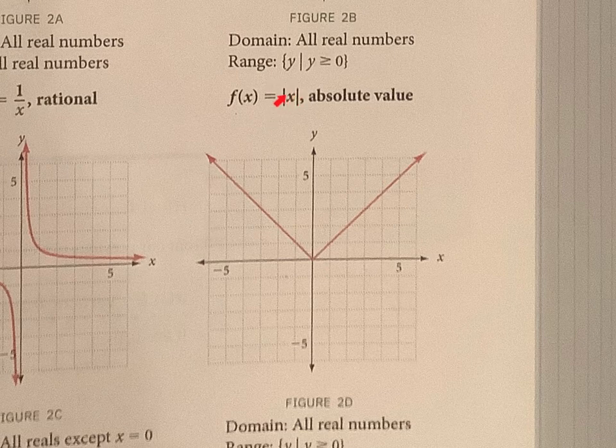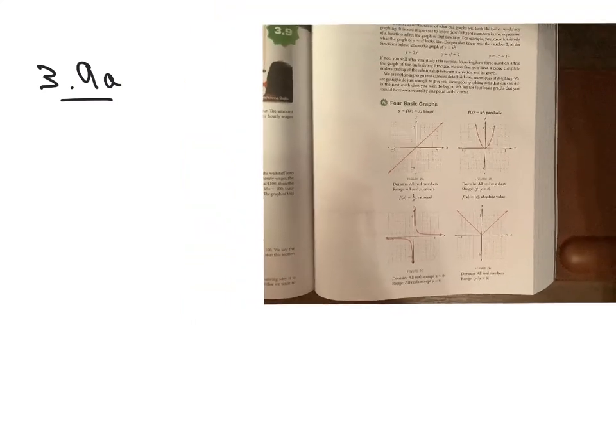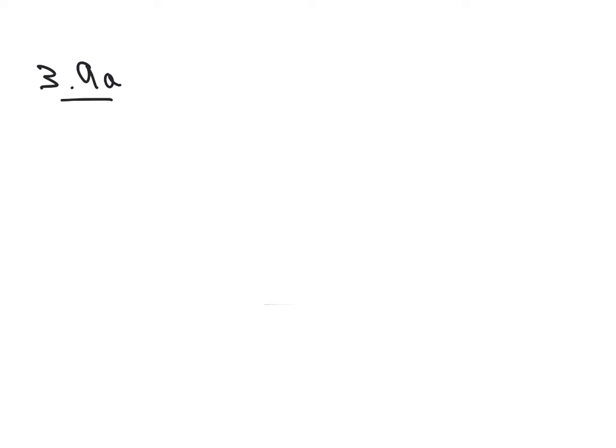As long as it's just the absolute value of x, it will do that. So that's on page 299, and just gives you an idea of what the graph will look like given the information they give you. So let's go ahead and see if we can get rid of that and go on with some other things here.